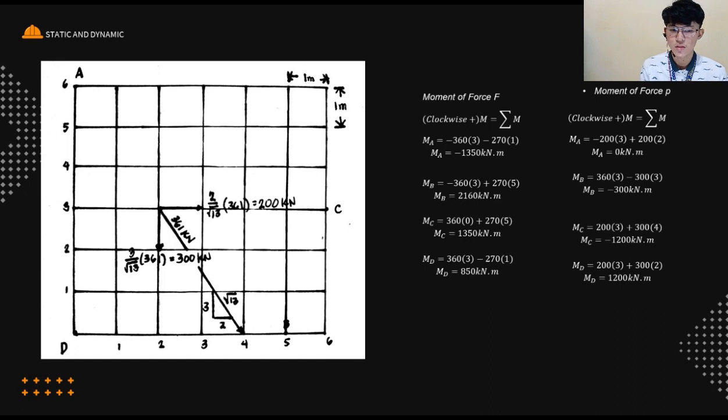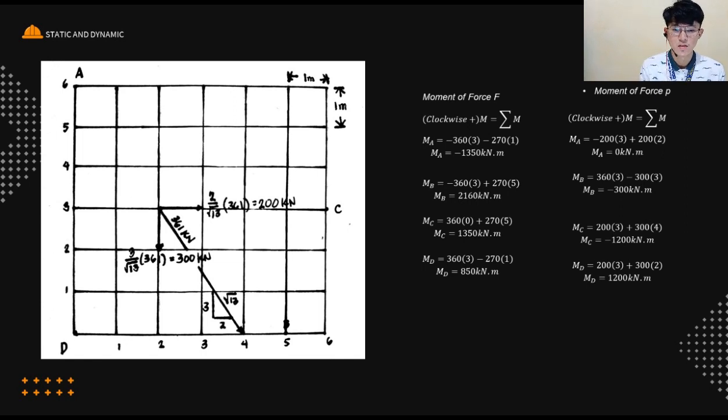Next naman natin kukunin is yung moment sa C. So, moment C equals 360 times 0. Dahil kung makikita naman natin, diretso lang siya sa C. So, makakancel na yon. So, plus 270 times 5. So, yung moment sa C natin is 1,350 kN meter.